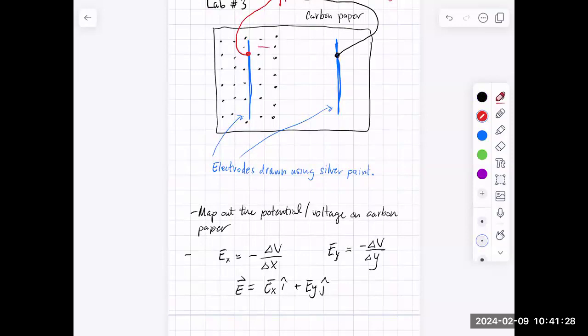In this case, what you would find is that the electric field would be approximately uniform between these two electrodes, which act a bit like these conducting sheets or these charged sheets that we've been talking about. Okay, so that's the goal for lab number 3.